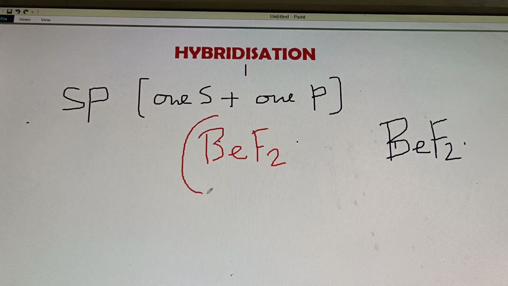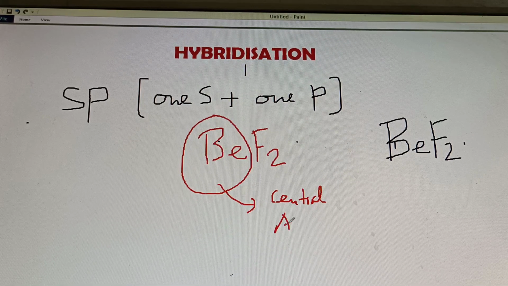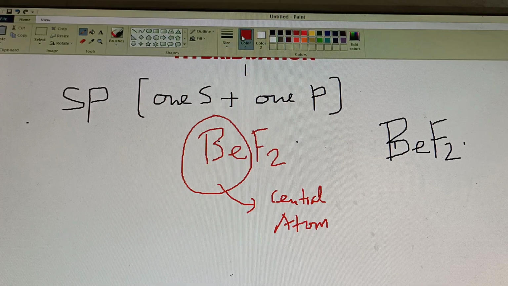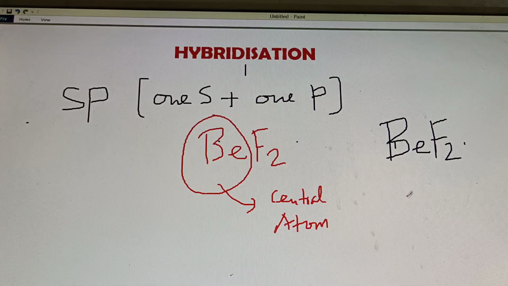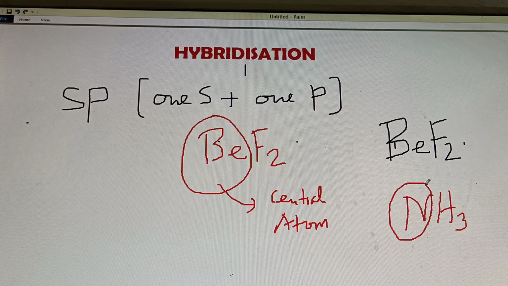Clear? Okay. But in the case of a molecule where hydrogen is attached, suppose NH3, we should take the element other than hydrogen as the central atom.